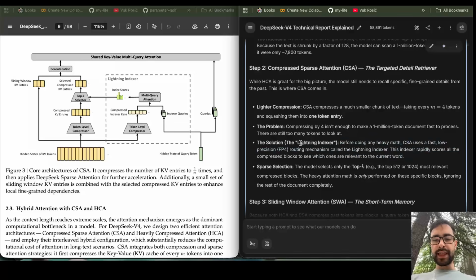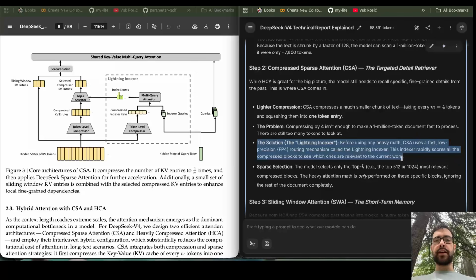They're using the lightning indexer, which is actually from the DeepSeek sparse attention paper. It's a fast attention mechanism that quickly judges and scores which tokens are important and relevant to the current token.